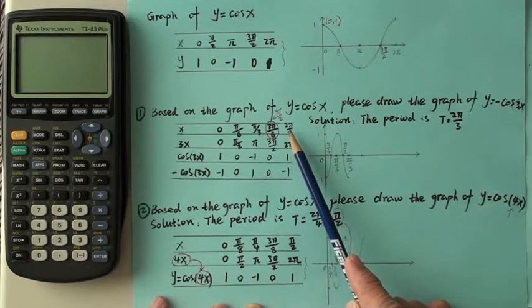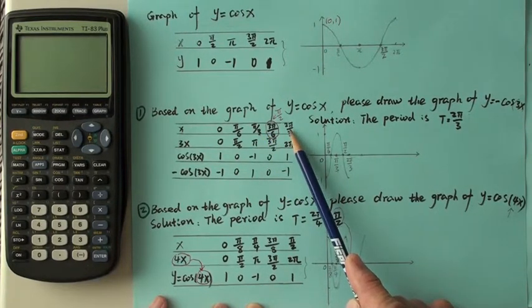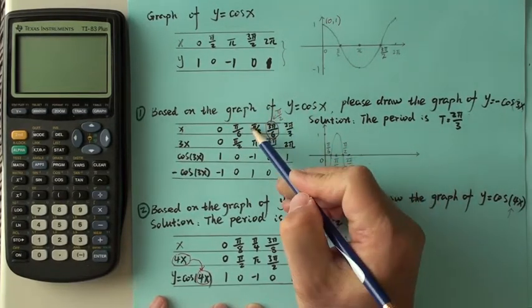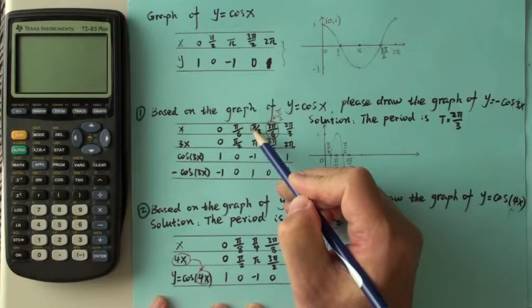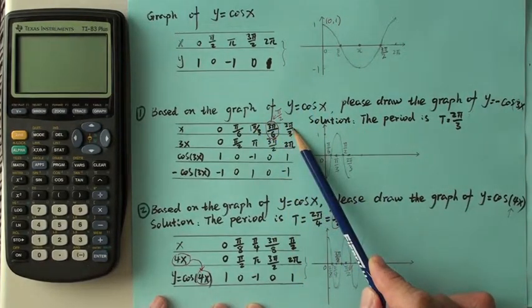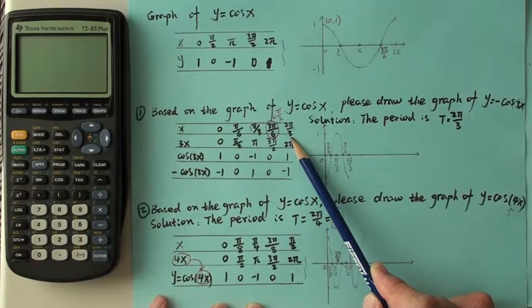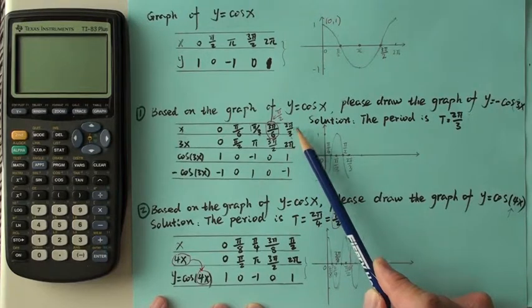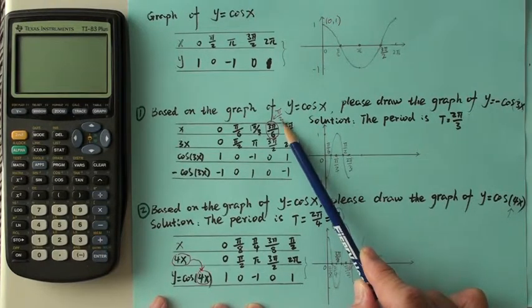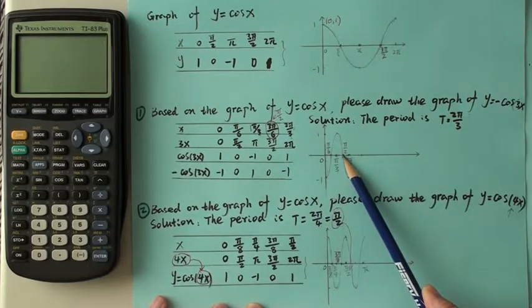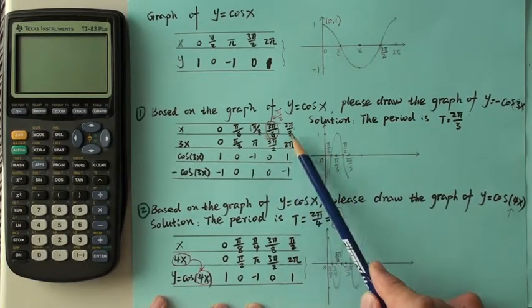You add those two together, divided by 2. 1 pi over 3 plus 2 pi over 3 is 3 pi over 3, which is pi, divided by 2. So it's pi over 2. So this point is pi over 2. That's the middle point between those two.